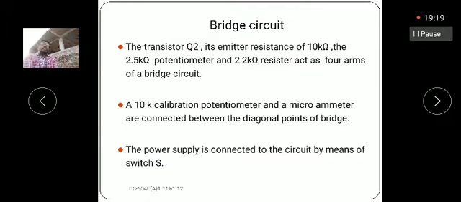The transistor Q2's emitter resistance of 10 kilo ohms, the 2.5 kilo ohms potentiometer, and the 2.2 kilo ohms act as the 4 arms of the bridge circuit, and a 10 kilo ohms calibration potentiometer and microammeter are connected between the diagonal points of the bridge.